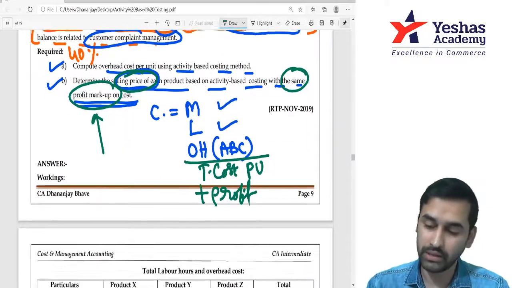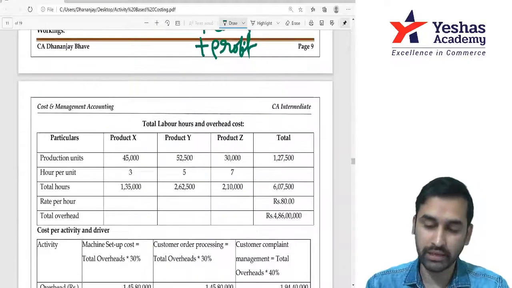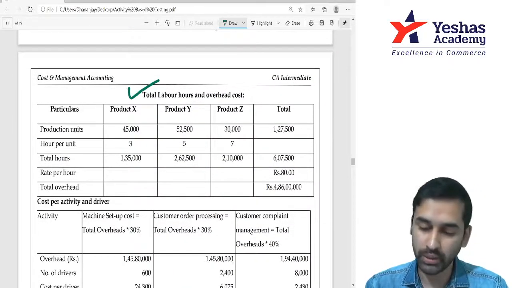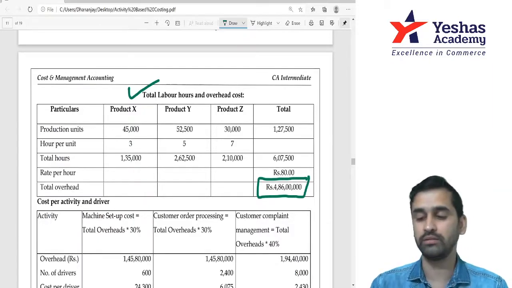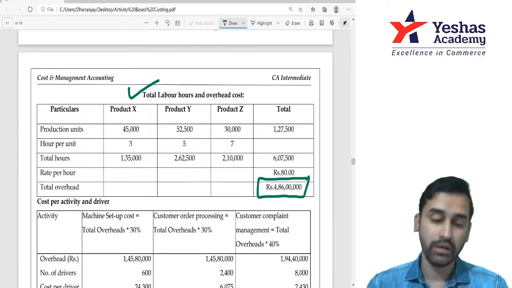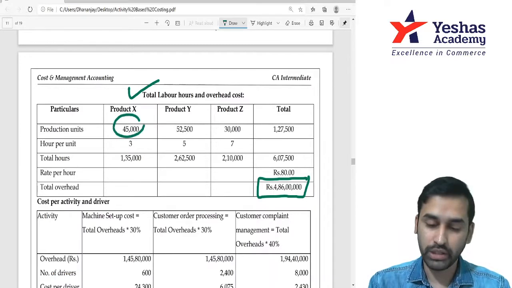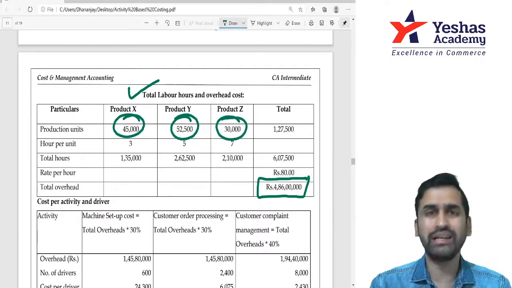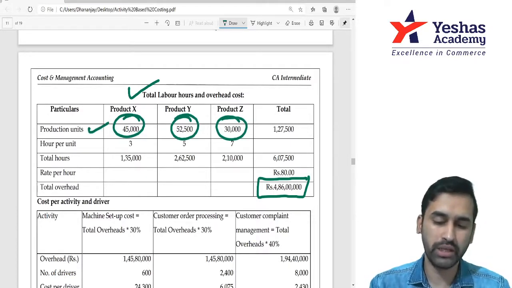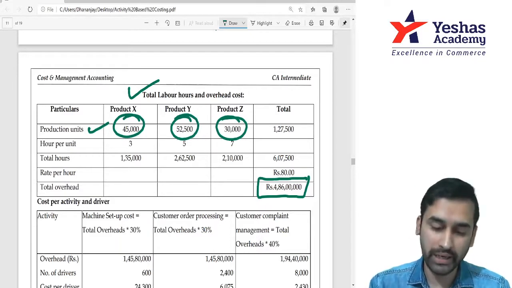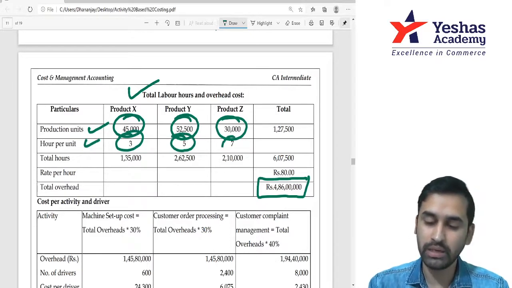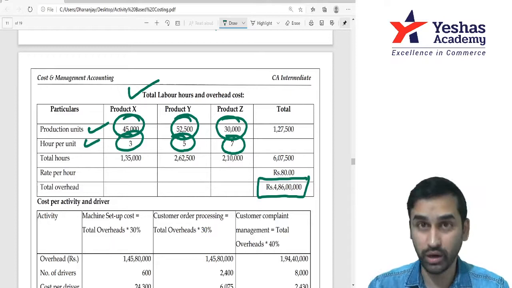You have the answer with you. First they have calculated total overhead, 486,000,000. They have done it this way. Production in units. They could have directly done production in units into overhead cost per unit, but they did labor hours. I told you how they got.